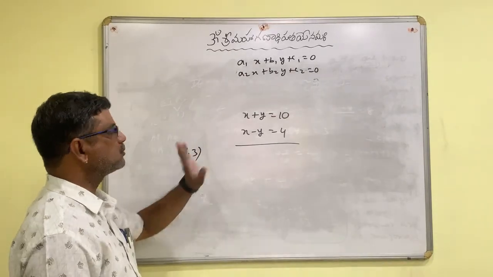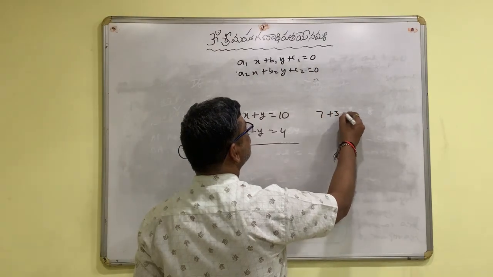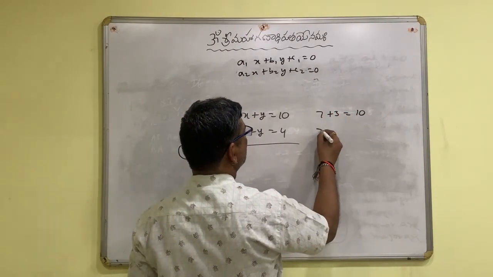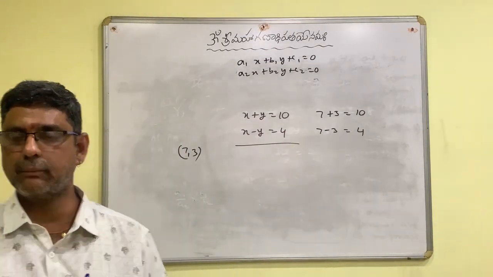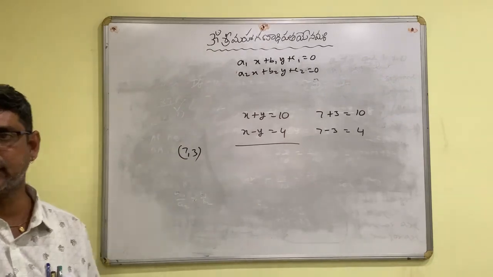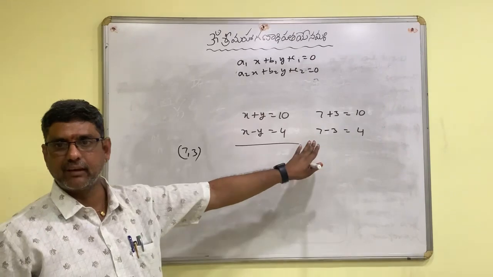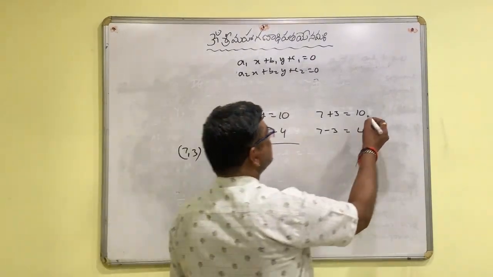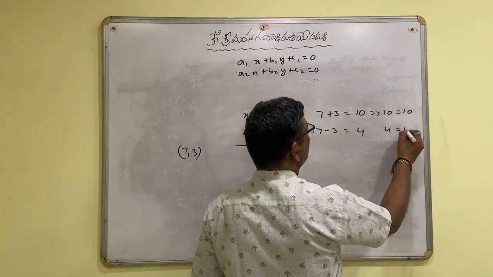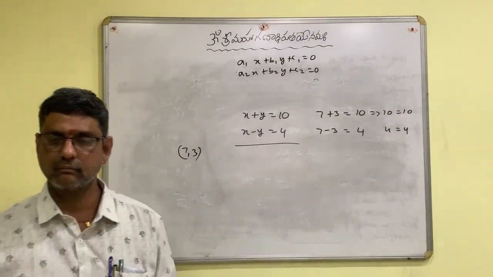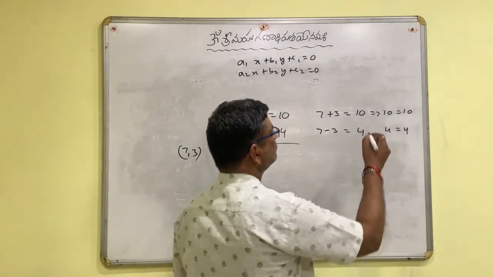Why is it called the common solution? When we substitute these values in both the equations, LHS and RHS become equal.